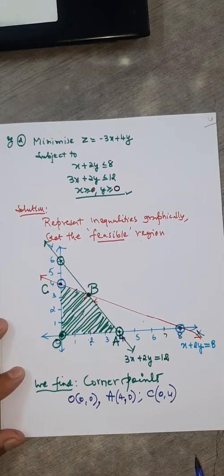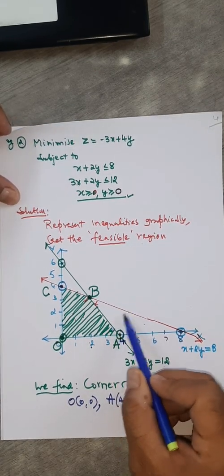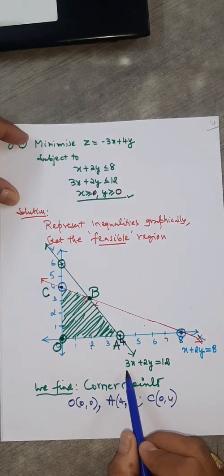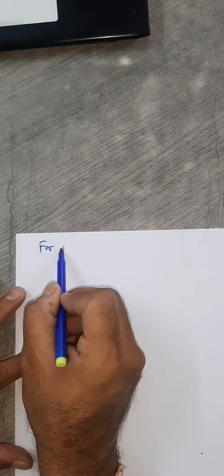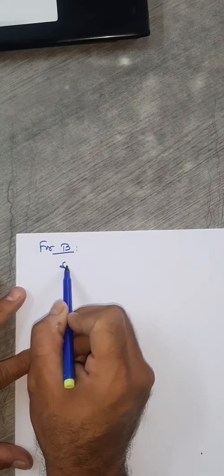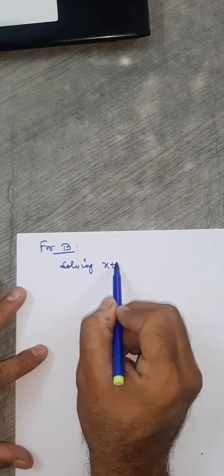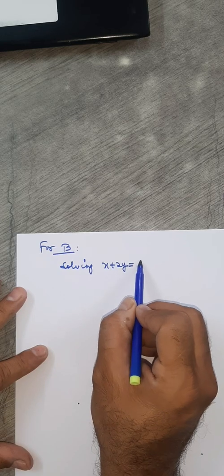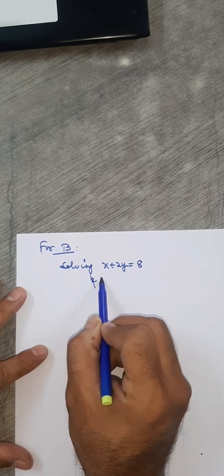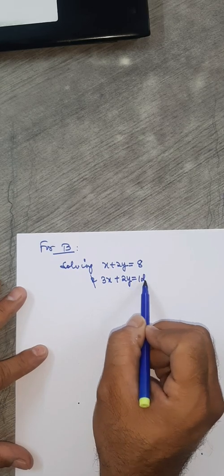And now, like the previous question, we get B. How do we get B? It's the intersection of these two lines. So we solve these two lines by the elimination method. So for B, solving these two equations: x plus 2y equals 8 and 3x plus 2y equals 12.